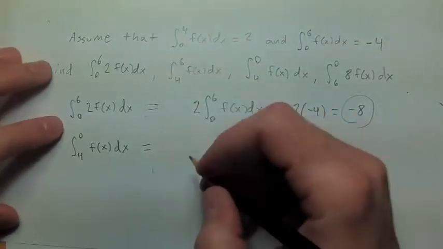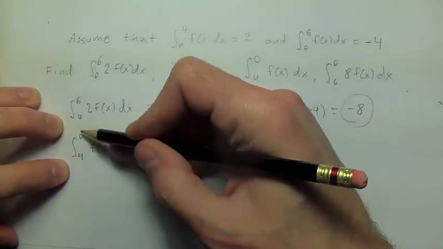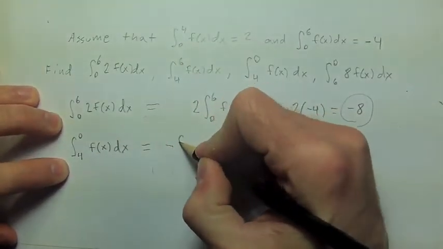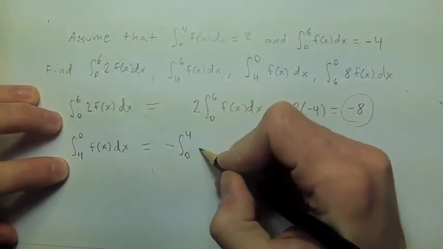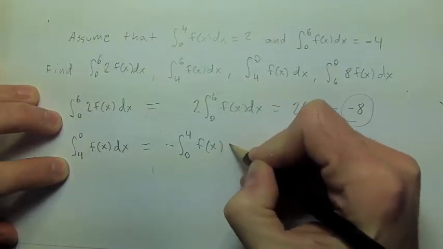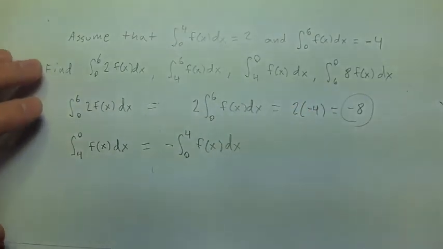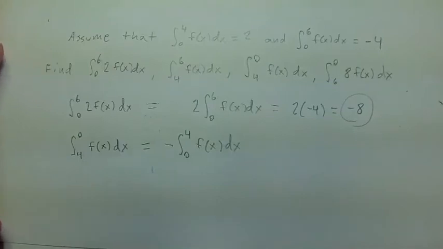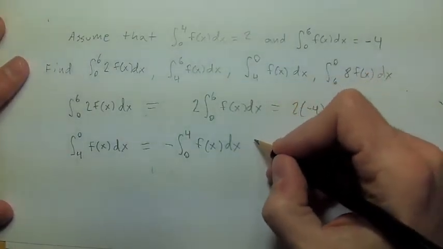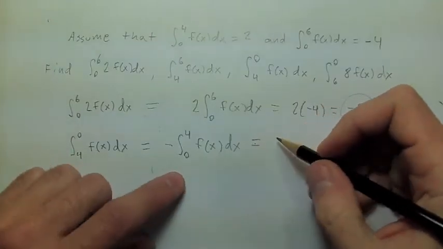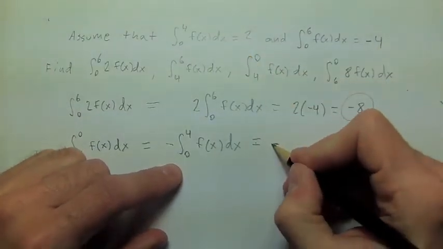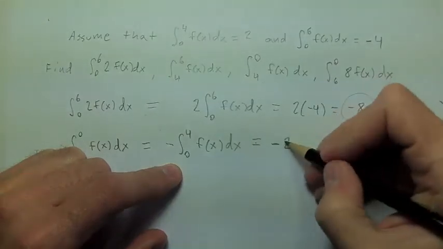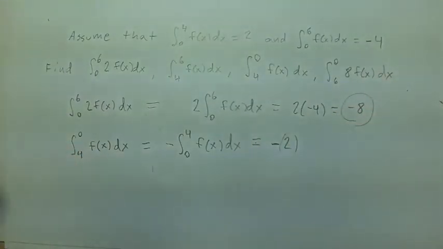if you go out of order, it's basically the negative of going in order. So an out of order integral is a negative of the in order integral. That's just going to be, 0 to 4 was 2, so this is just going to be negative 2. I'll put that in parentheses just so it's clear.